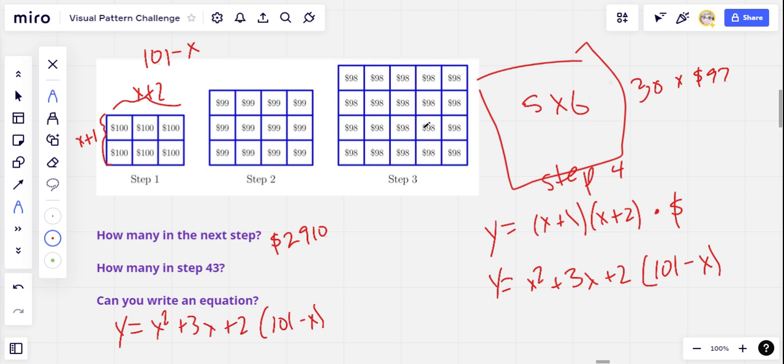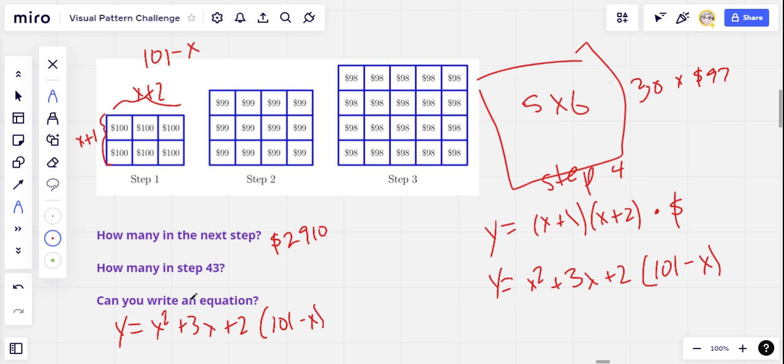We could test this with each of these. I'm not going to. I'm going to let you do that if you'd like to. I would test this chunk to make sure it's predicting the number of boxes. It is. I'm confident of that. And I think this part you could test too. It's pretty clear that 101 minus 2 is 99, 101 minus 3 is 98. So I'm not going to bother to test that part either.